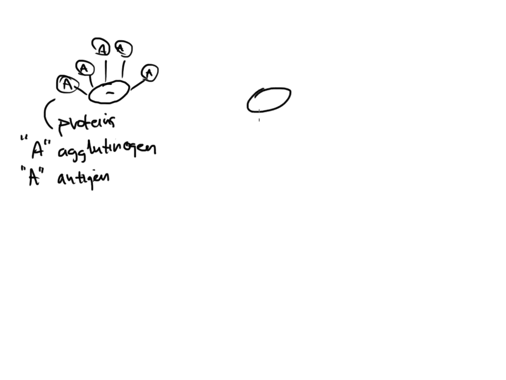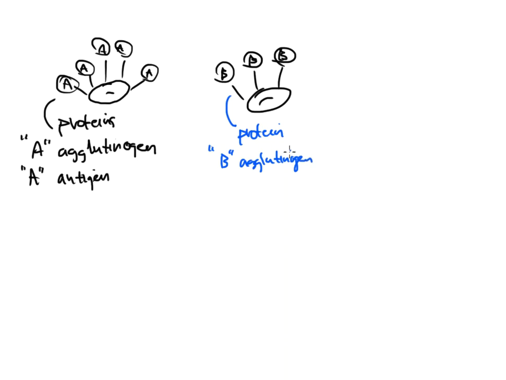Okay, so if I've got a red blood cell, and let's say that this red blood cell has B on the surface. Well, guess what, people? We're not making it rocket science. All right? So these are B proteins that are on the surface of the cell. They are also going to be referred to as the B agglutinogen, or someone could refer to these as the B antigen.